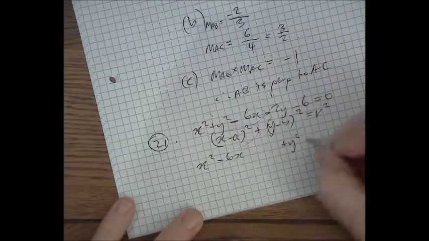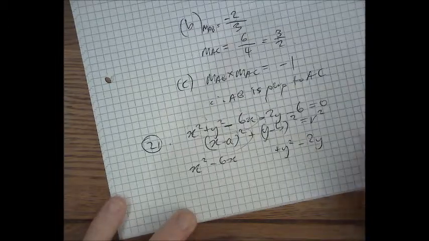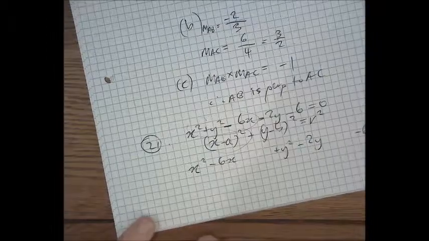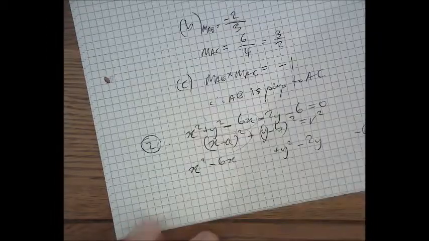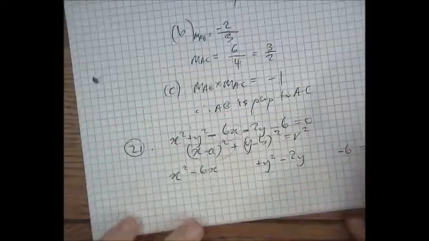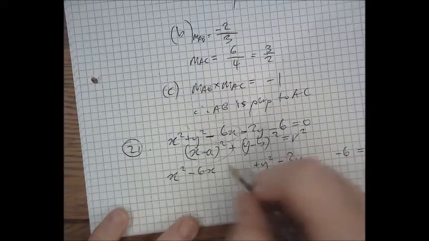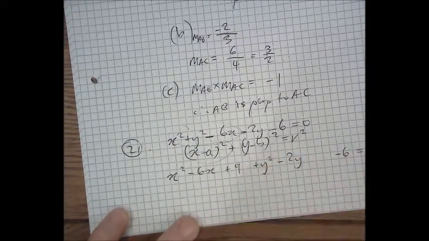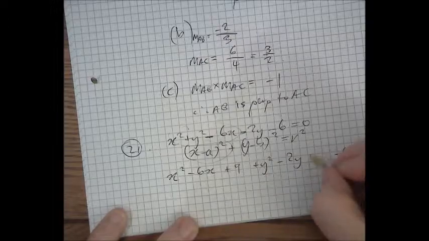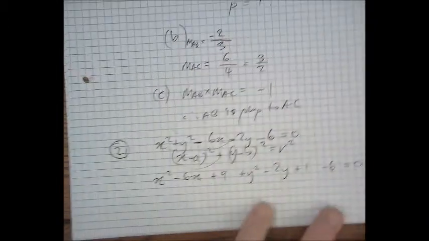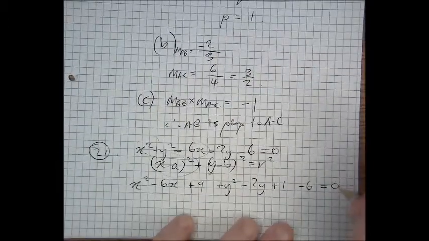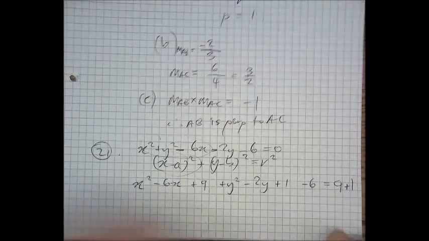I always think of completing the square as hating what's in third position. So you create a space for what's in third position. I don't like the fact that this is a -6, so I've just bumped it along there. What would I rather have? There I'd rather have a 9. Just halve this and then square it. Here I'd rather have a 1. You cannot just randomly put 9s and 1s there, but if it's an equation you can, because you just introduce them via a red dude, add them to both sides.